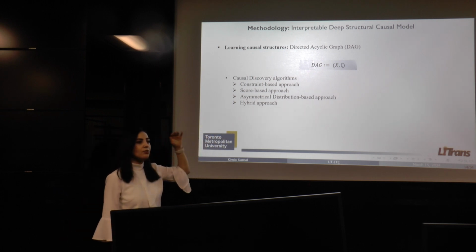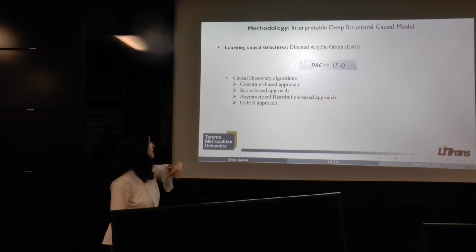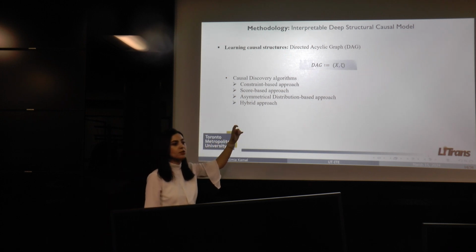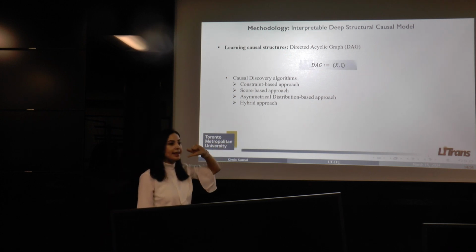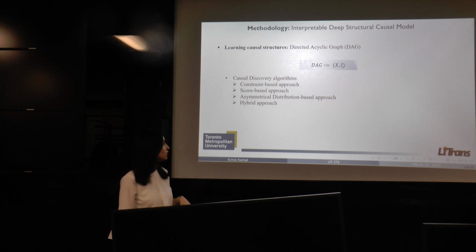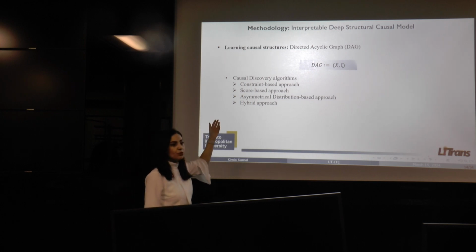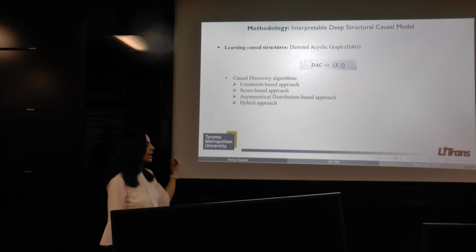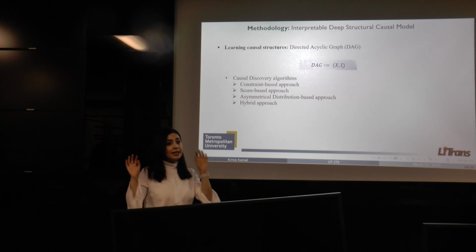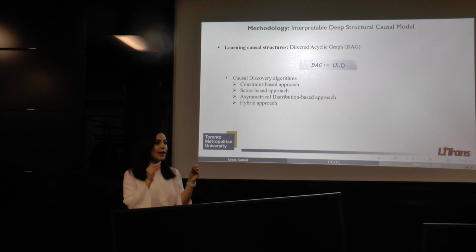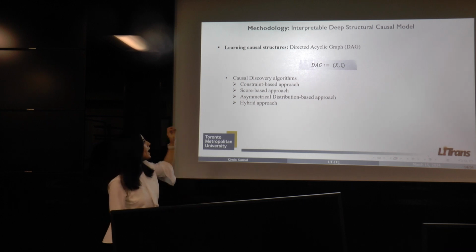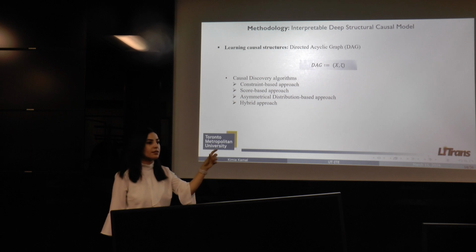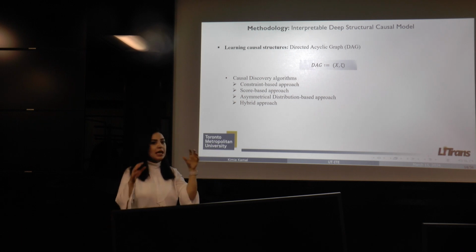But in our study, we use statistical analysis, causal discovery algorithms, to find the DAG from the observational data. Different approaches can be used in causal discovery: constraint-based approach, score-based approach, asymmetrical distribution, and hybrid approach. However, in the literature, there is no standard for choosing the best causal discovery algorithm.